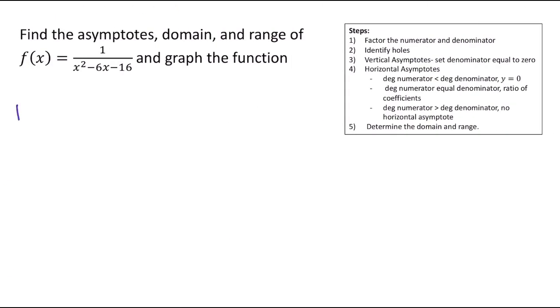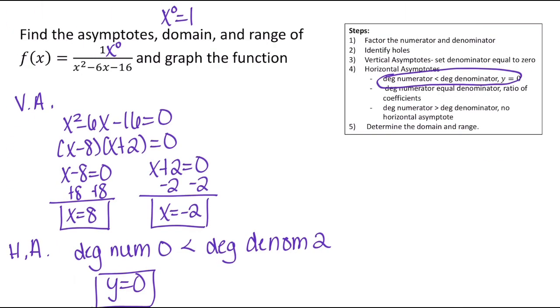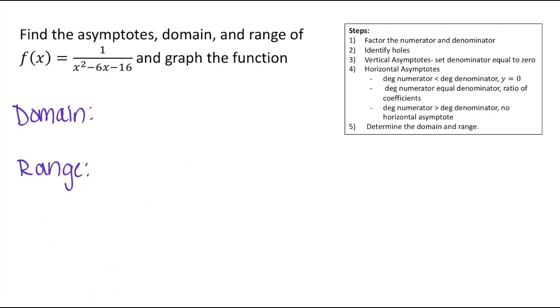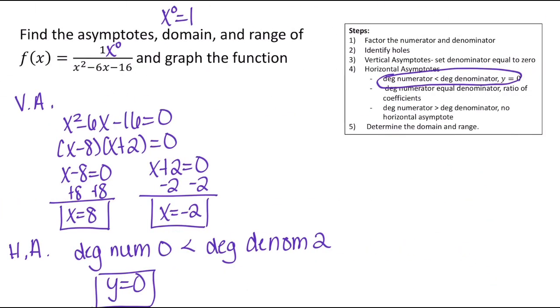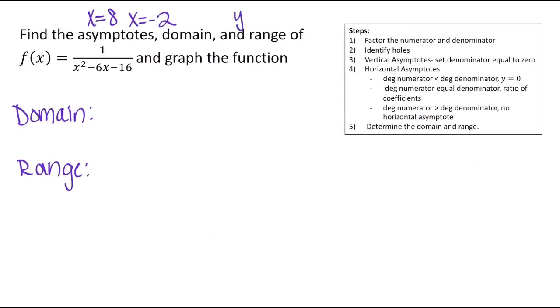Now let's think about the domain and range. We're going to include everything except where we have holes or asymptotes. Let's remind ourselves: we have vertical asymptotes at x equals 8 and x equals negative 2. We have no holes in our function, so we don't need to worry about that. And we have a horizontal asymptote at y equals 0. So the domain goes from negative infinity to negative 2, then from negative 2 to 8, and then from 8 to infinity.